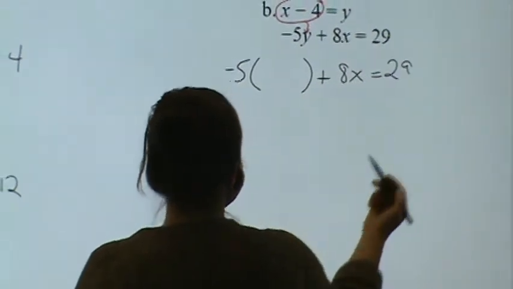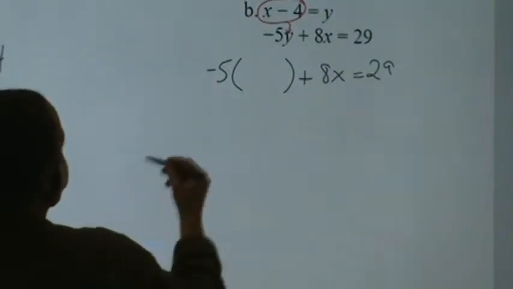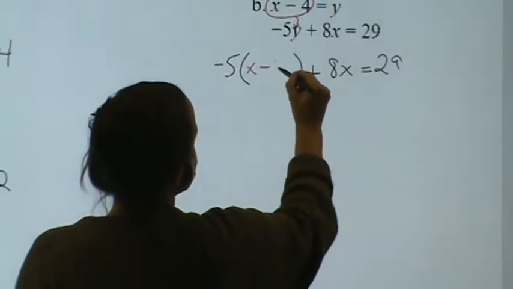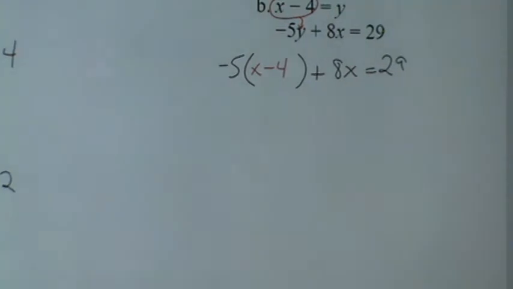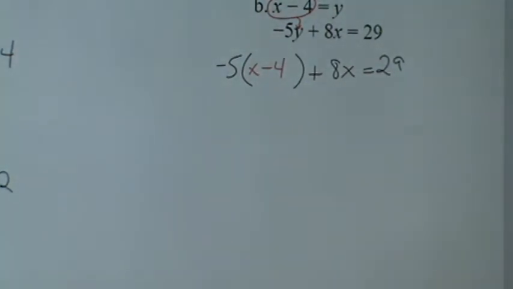Now remember, when you do the substitution method, in these examples, all of your y's should go away. You should be left with just an x. That's what makes you able to solve it. Okay, see if you can find x and see if you can find y for b.